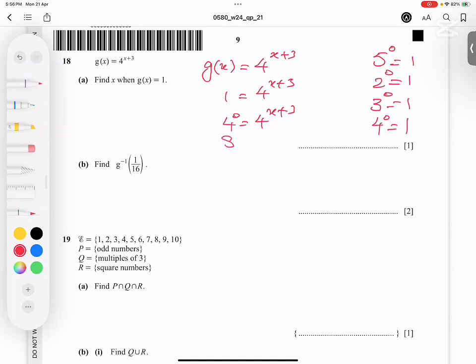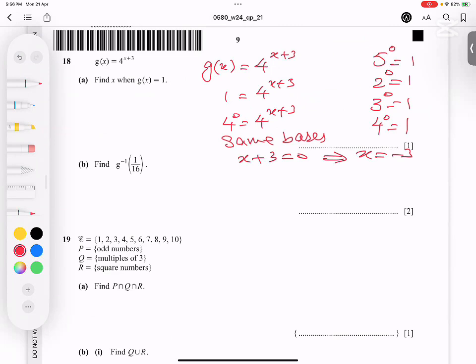Reason: same bases on both sides. So 4 is gone, and I can write it easily. So x plus 3 is equal to 0. Finally, I got x equals minus 3. I believe the point is very clear. Okay, we have done it. Let's go for the next.